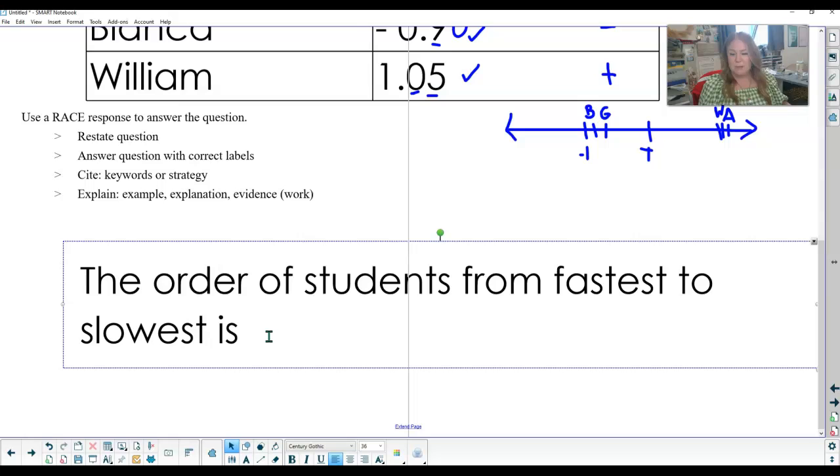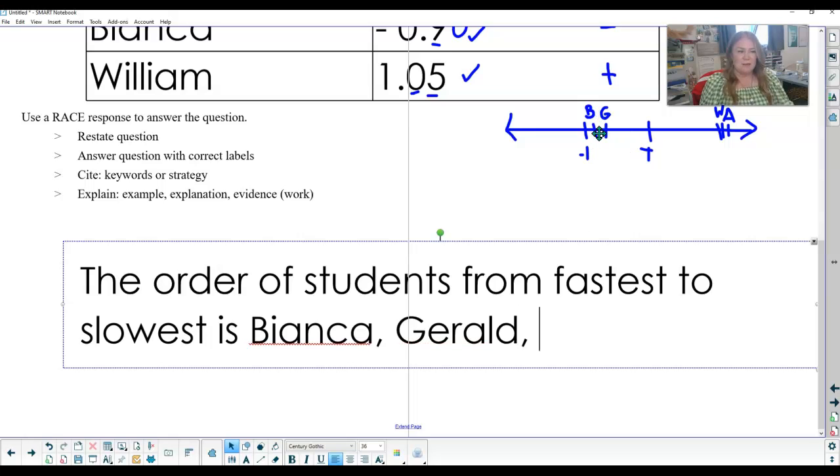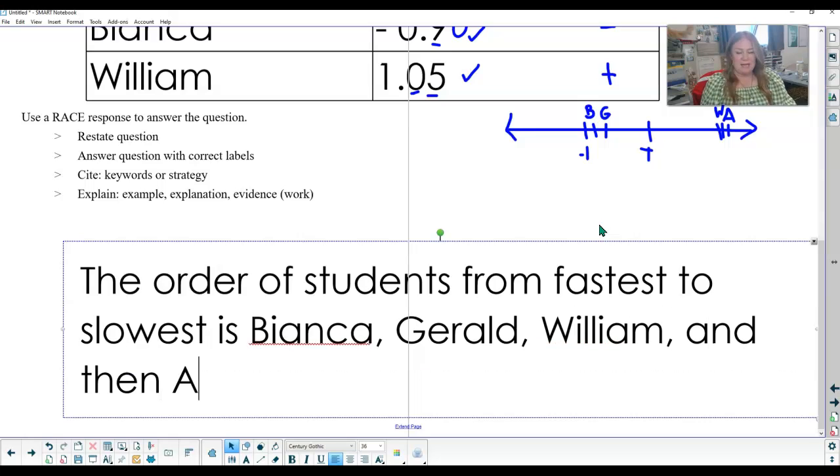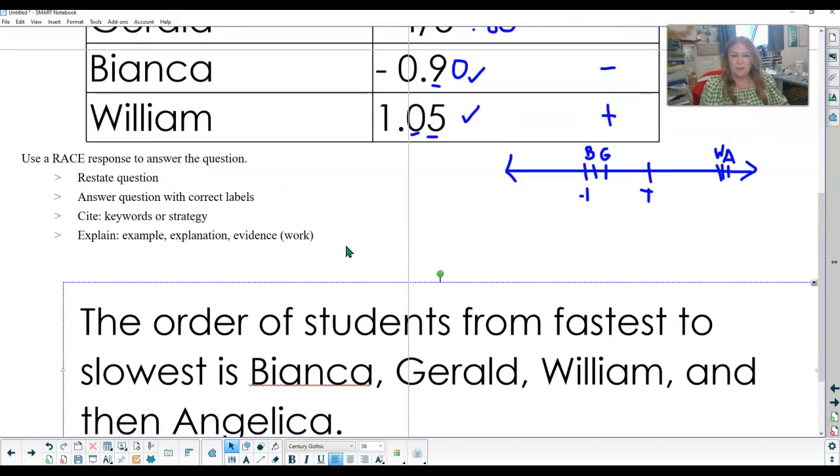Fastest was Bianca. Then Gerald. Then I can see William. And then Angelica.